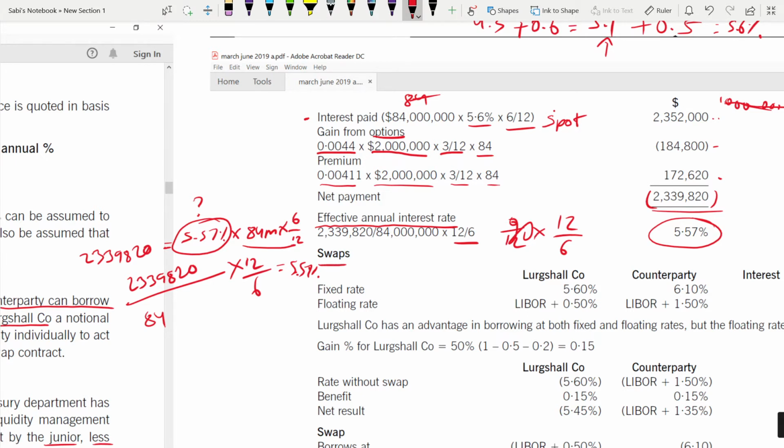Swap is very much easy, I would say. One good thing I want to tell is what happened with me. I was very lucky. The reason was because I hated swap. Interest rate swap I never understood until the morning when I had the exam. That morning I understood how to do swap. I prepared myself that morning itself, the day of my AFM exam. It was a Friday morning.